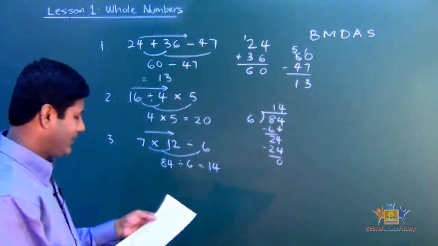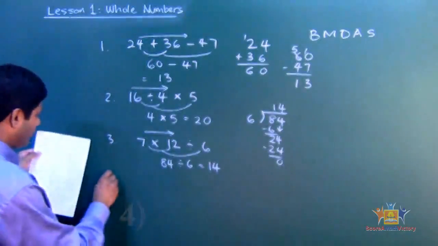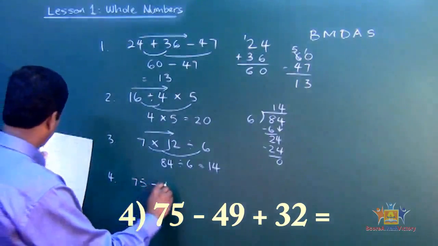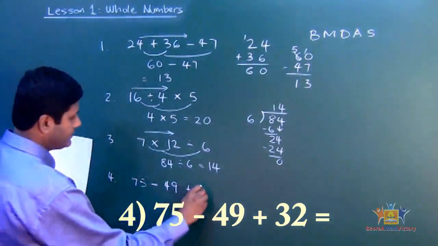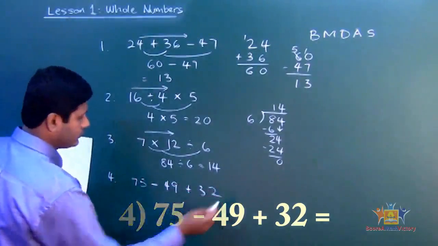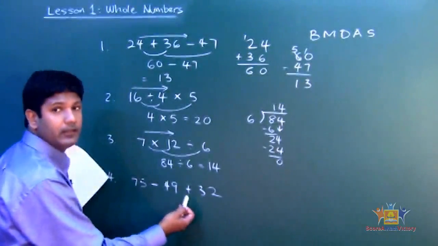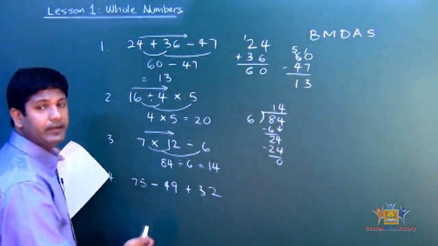Let's look at problem number 4. They give us 75 minus 49 plus 32. So what do we got? We got subtraction and addition. So that means we're going to use what method? Left to right.